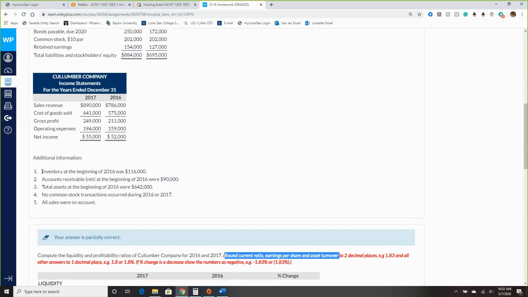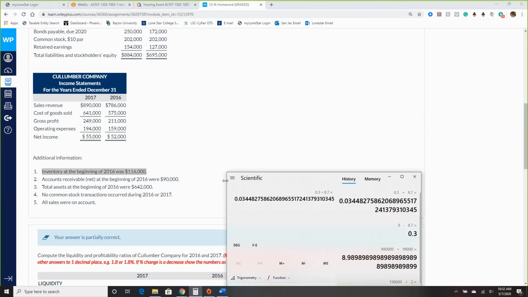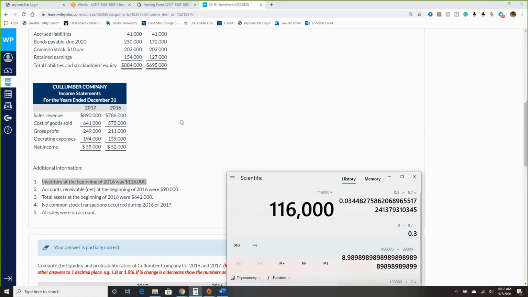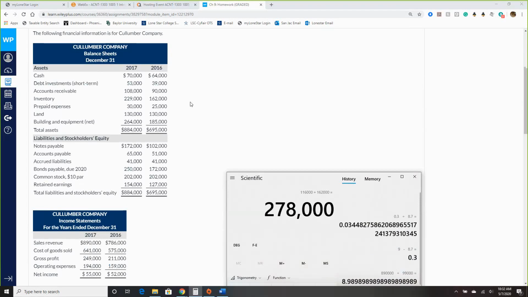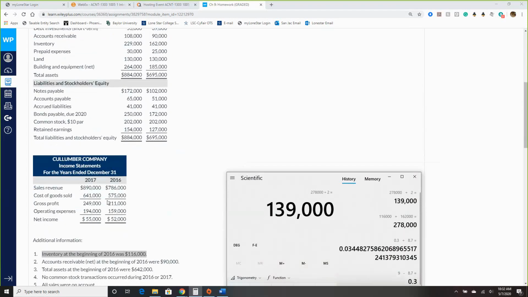Again, they give us the beginning for 16. So see what they had for inventory. 162 divided by 2. And we're going to divide that into cost of goods sold down here on the income statement.